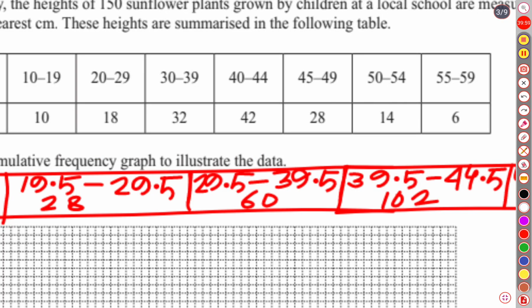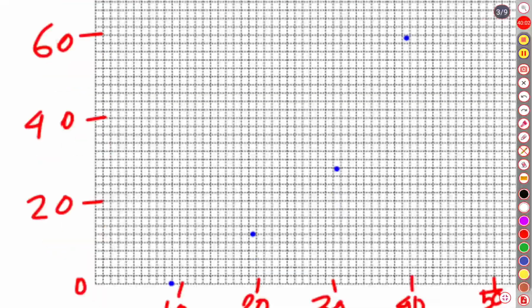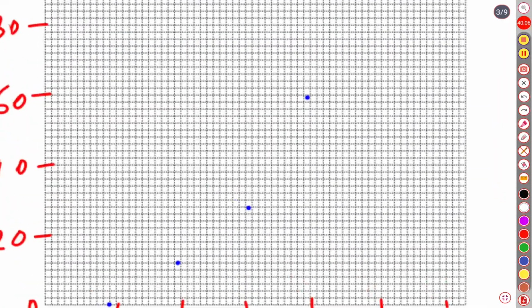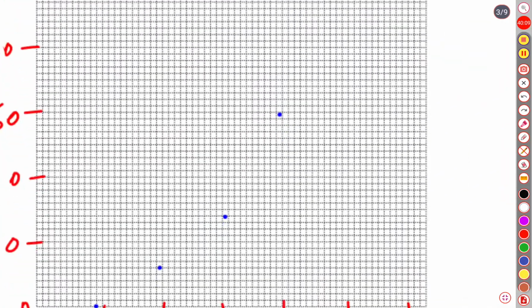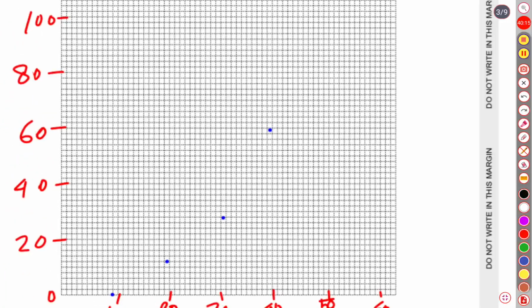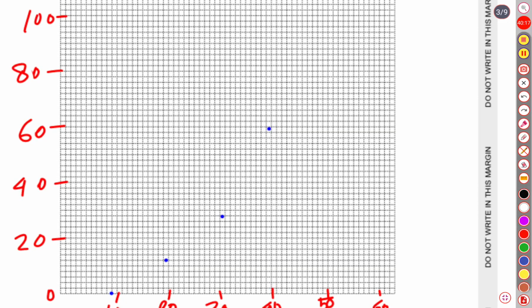So 44.5 and 102. 44.5 is just about 45, and 102, just over 100, will be over here. 44.5, half of this, it will be over here.